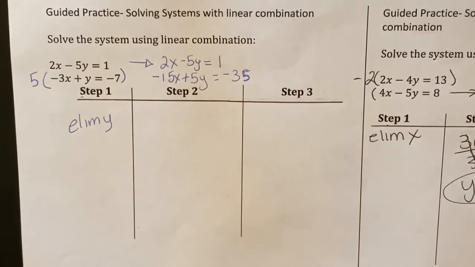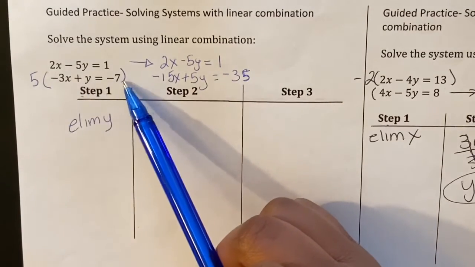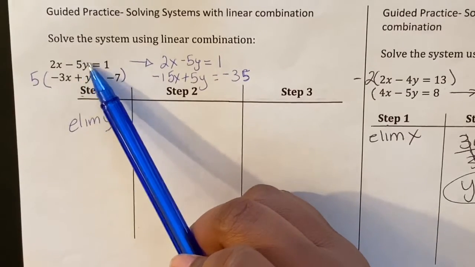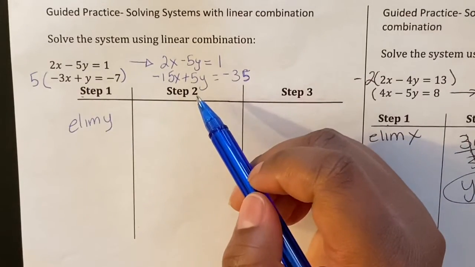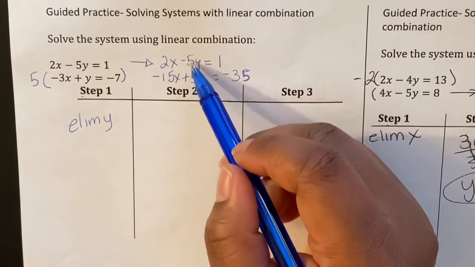That was just my step 1. I eliminated y by multiplying this whole bottom equation by a positive 5 to make negative 5y plus 5y, which cancels out. Now, step 2 says to now add your 2 new equations.